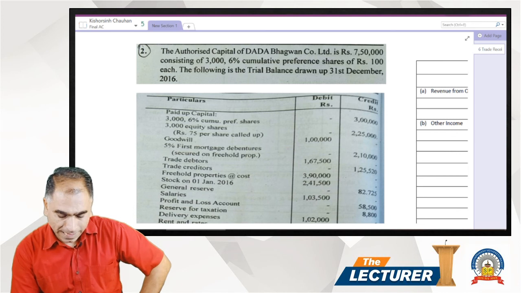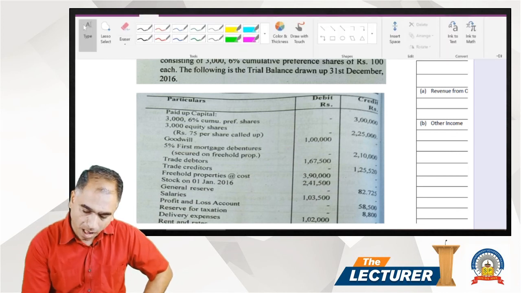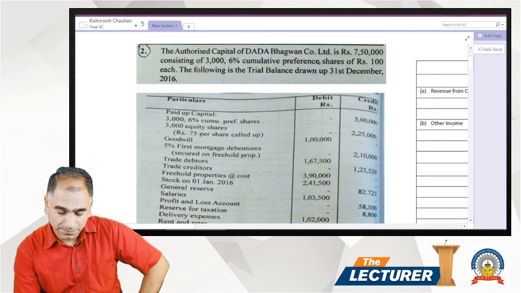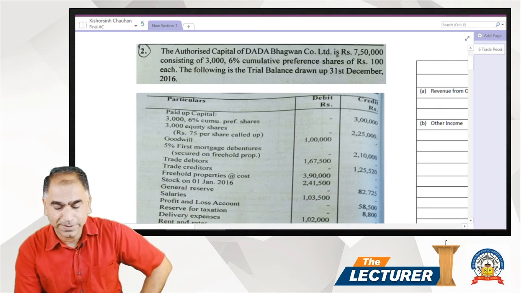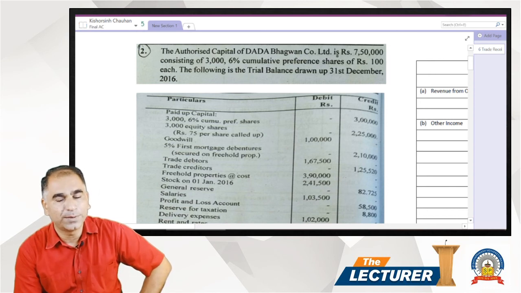You see the authorized capital of Dada Bhagwan Limited is 7,50,000 consisting of 3,000 6% preference shares of 100 each. So the company has 3 lakh rupees of preference shares out of 7,50,000, so obviously 4 lakh 50 thousand is the equity shares.